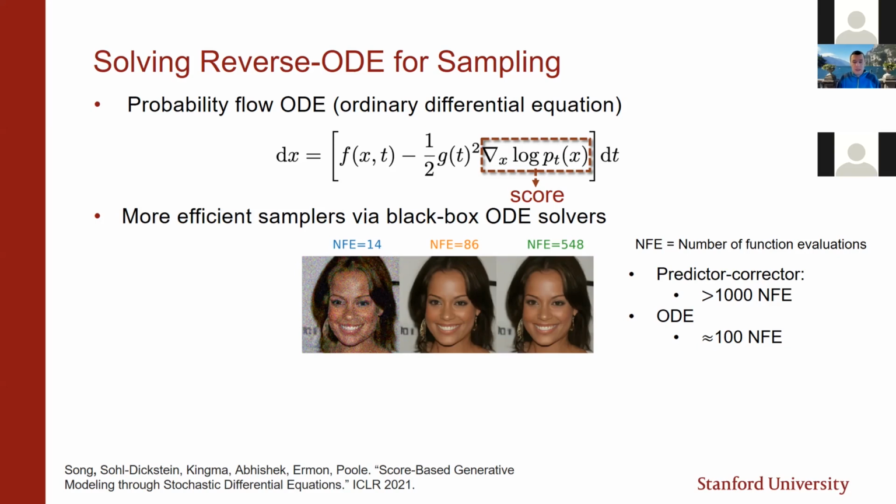So mode collapse, it doesn't look like they do, and I'll show you later that the reason they don't seem to have a whole lot of mode collapse is that there is a relationship between training these models via score matching and maximum likelihood training.